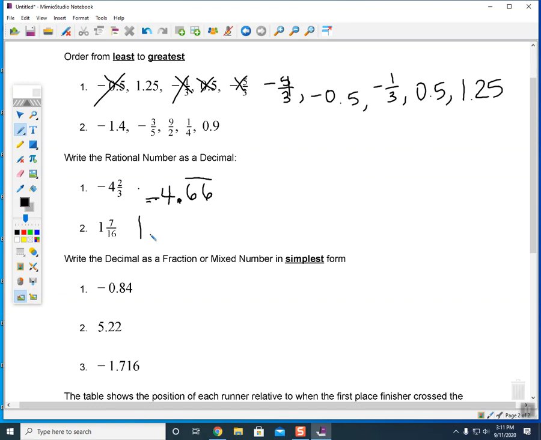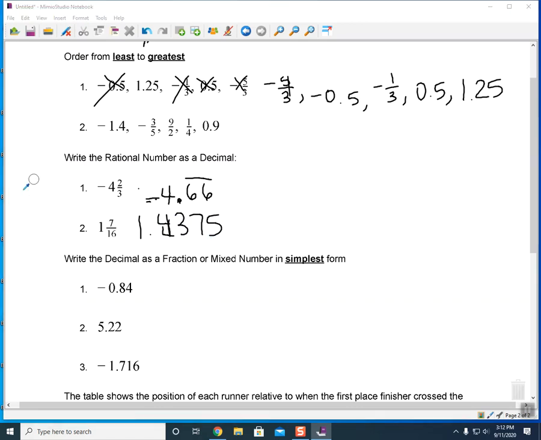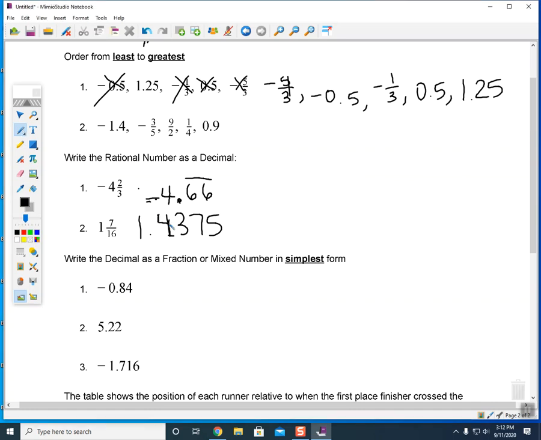It's going to give me 1.4375. All right. Pretty simple, right?